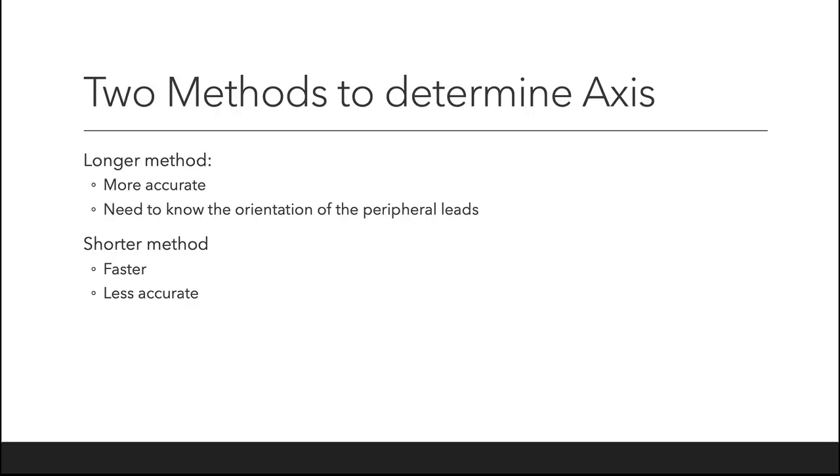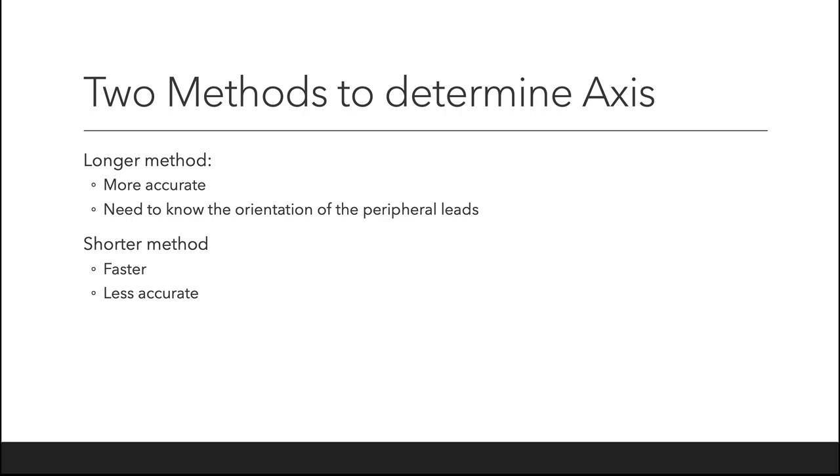So there are two methods to determine the axis. You have the longer method and the shorter method. The longer method is more accurate, but you need to know the orientation of the peripheral leads. I'm going to show you a diagram, and I've done this in the previous tutorials, and we need to memorize the diagram of the axis, where each lead is predominantly pointing towards.